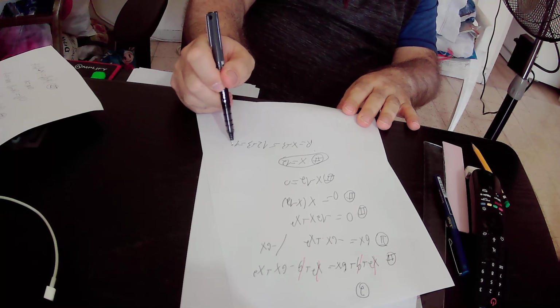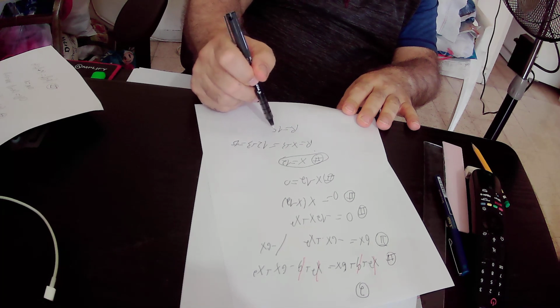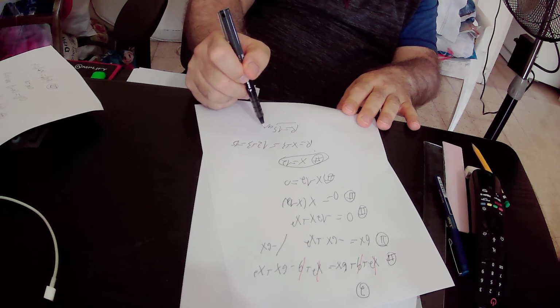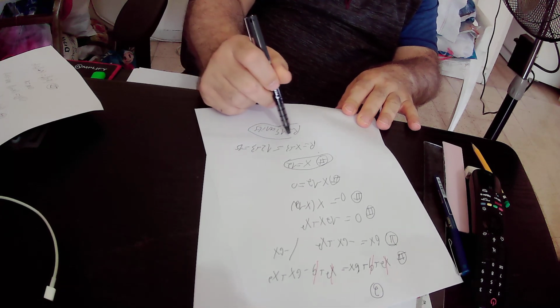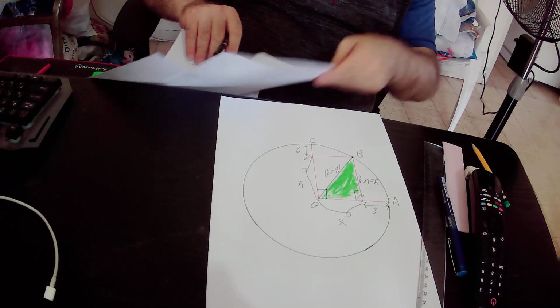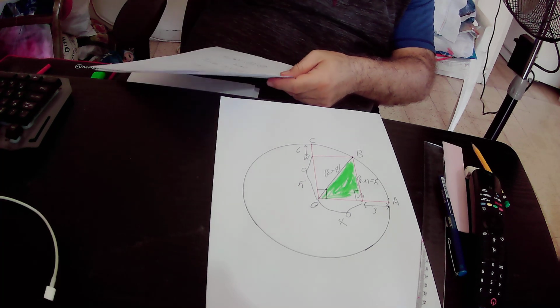So actually the radius of the circle equals 15 units. Again, the radius of this circle equals 15 units.